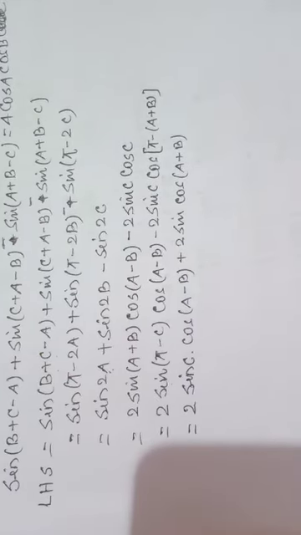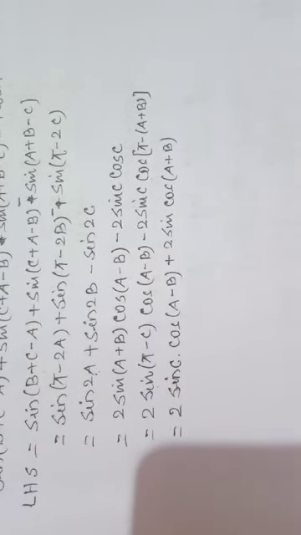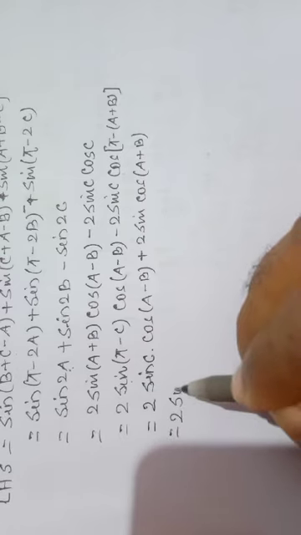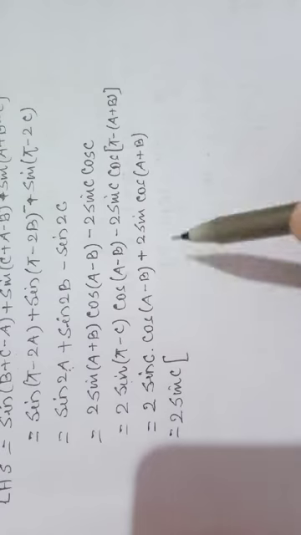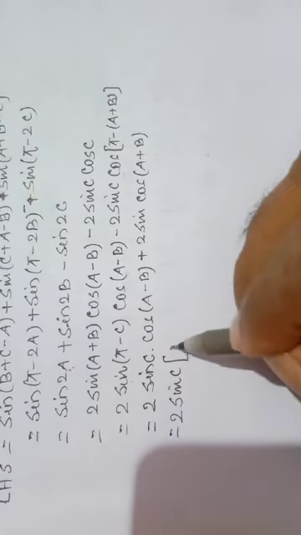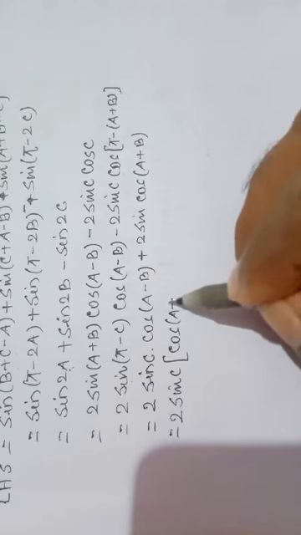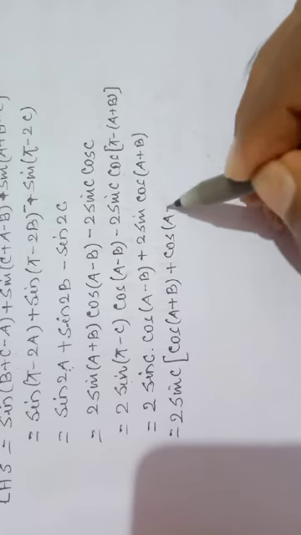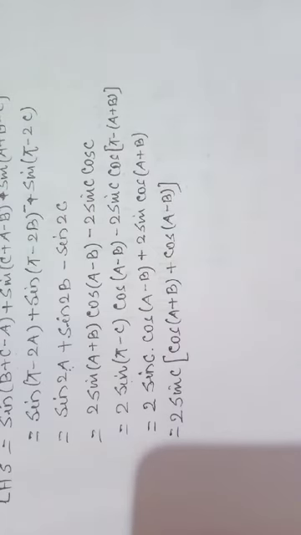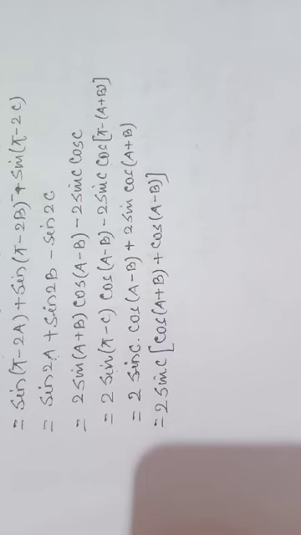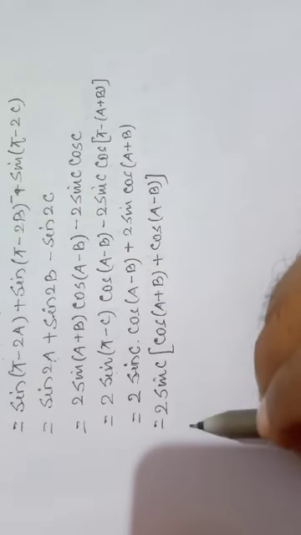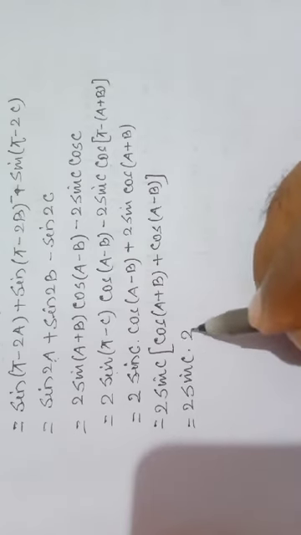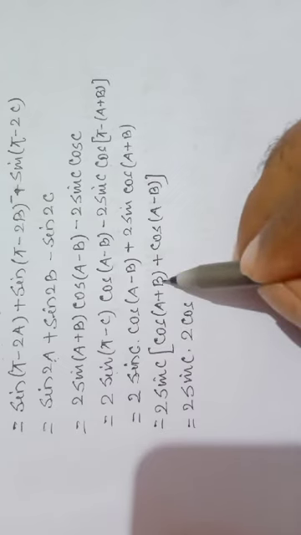Take out common. What is common? 2 sin C. So take out 2 sin C as common. Now I am going to write the positive term, that is cos(A plus B) plus cos(A minus B). Again apply the formula for cos C plus cos D, that is 2 sin C into 2 cos((A plus B plus A minus B) by 2).